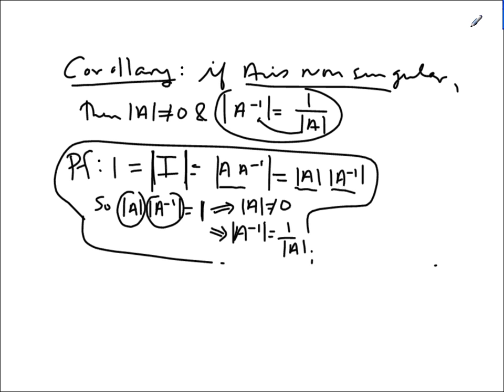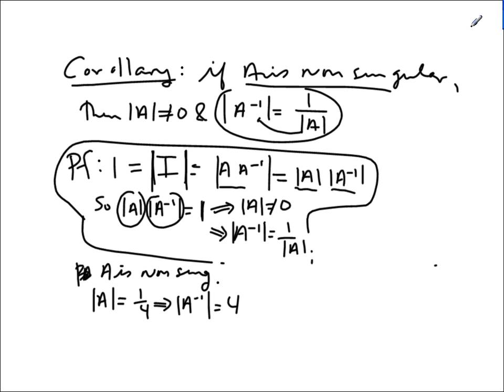Okay, so if I tell you A is non-singular, and I tell you the determinant of A is 1/4, that implies the determinant of A inverse is the reciprocal. If I tell you the determinant of A is 3, that implies the determinant of A inverse is 1/3.